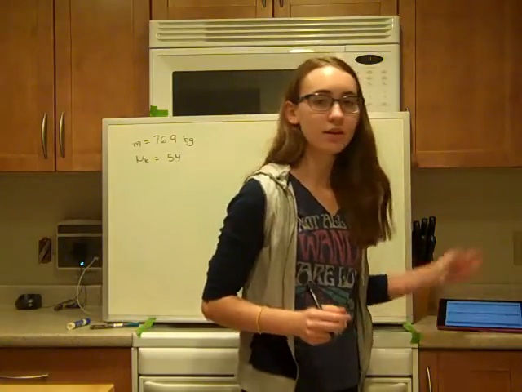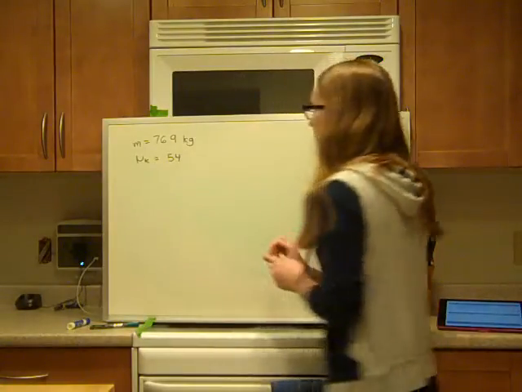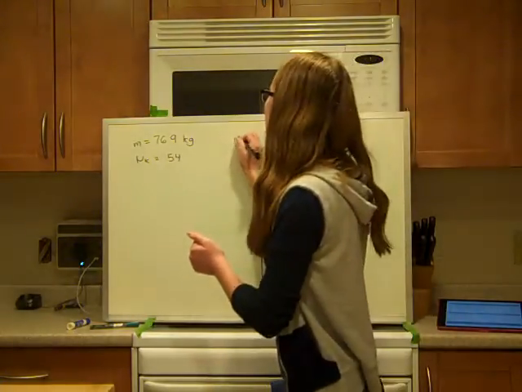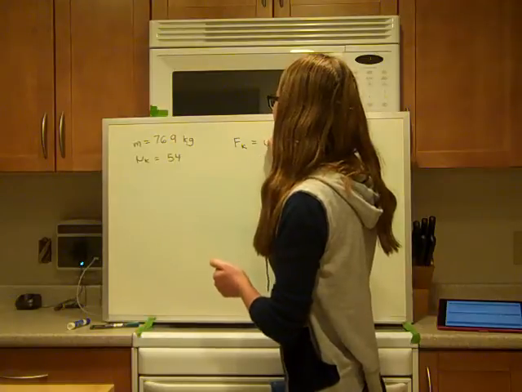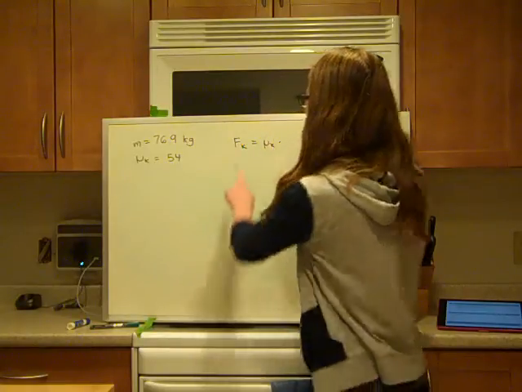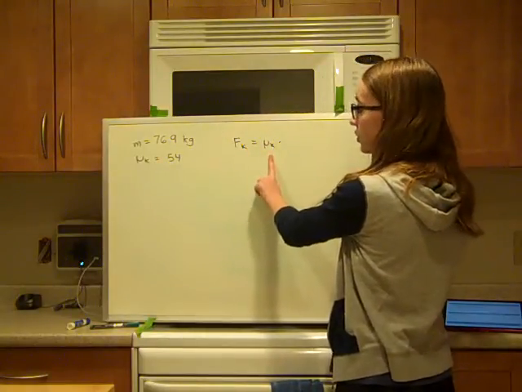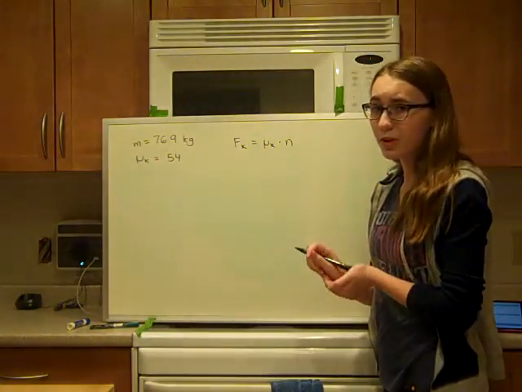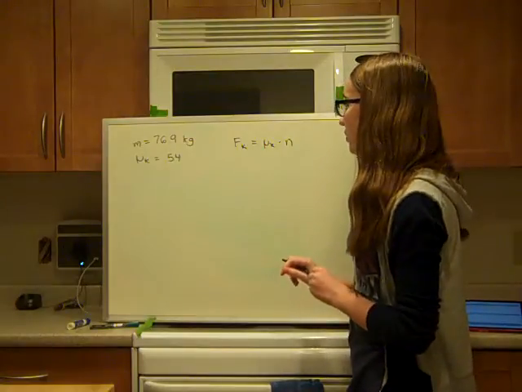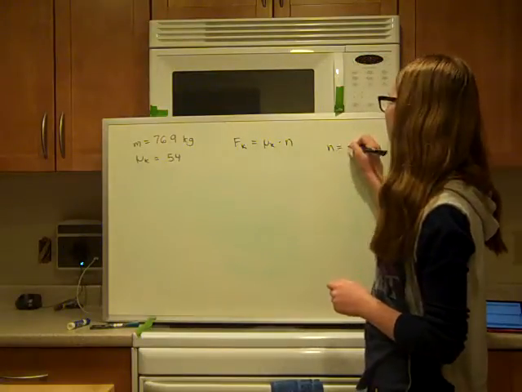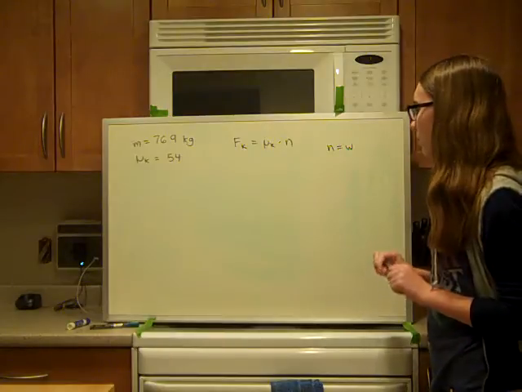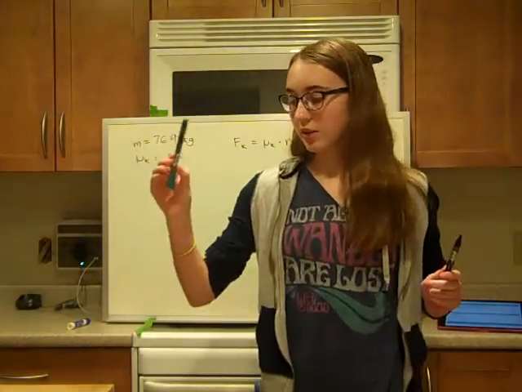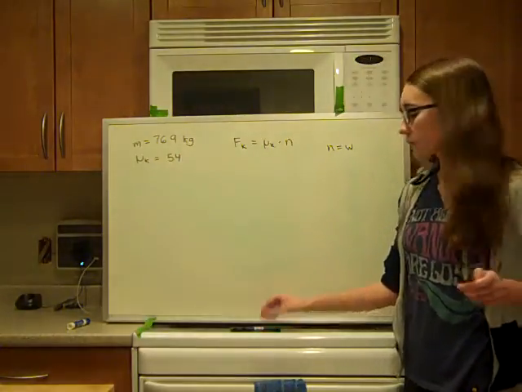Alright, so first of all, to get the kinetic friction, we need the normal force, because kinetic friction is the coefficient of kinetic friction times the normal force. Normal force is, in this case, equivalent to the apparent weight. Say this marker is resting on the stove.